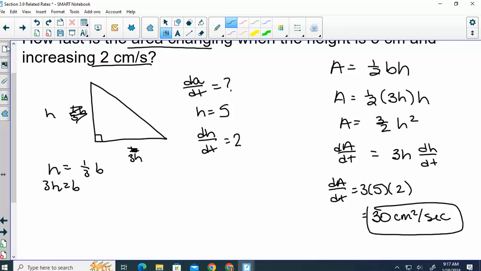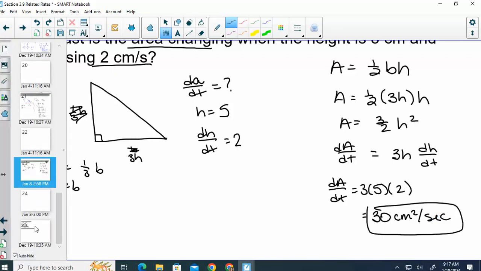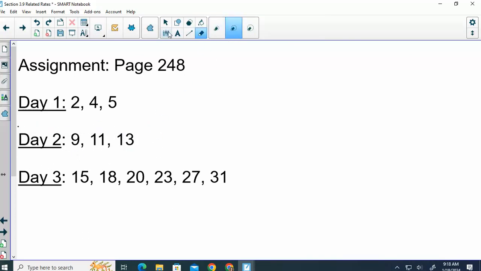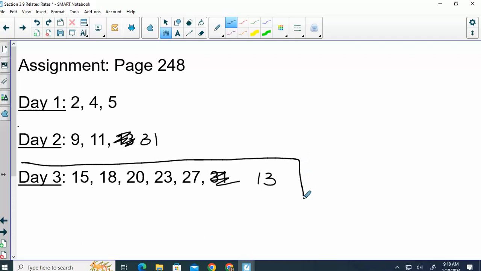So on this homework, I changed the homework last Thursday. I think I took off 13 and I gave you 31 instead. So we're going to do the 13 with today's problems. Tomorrow we are going to do a work day as well.